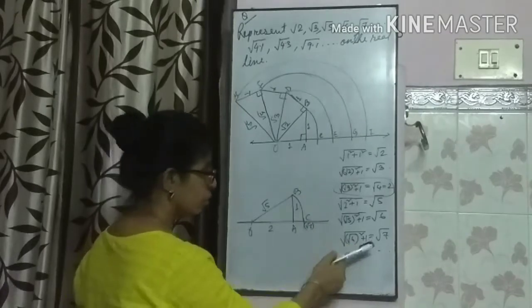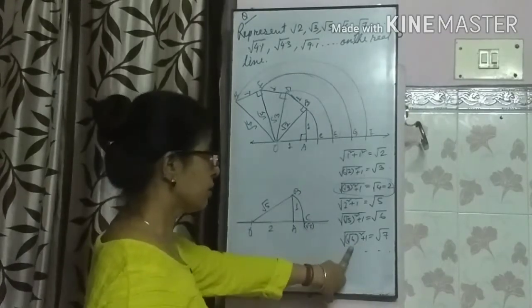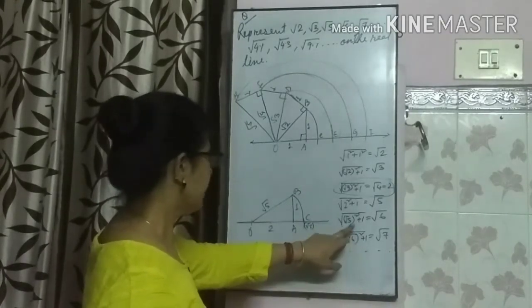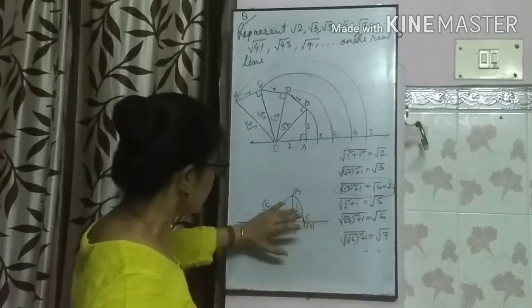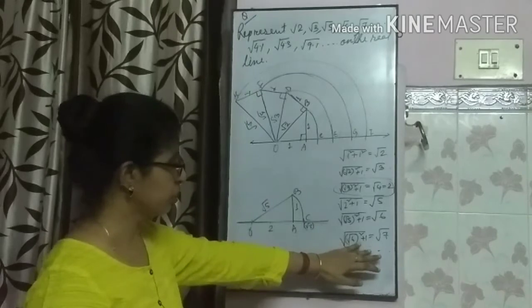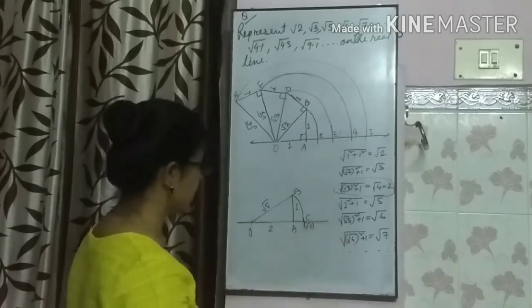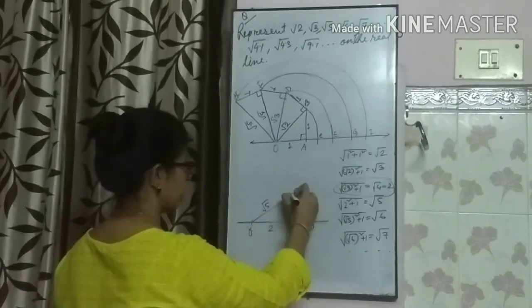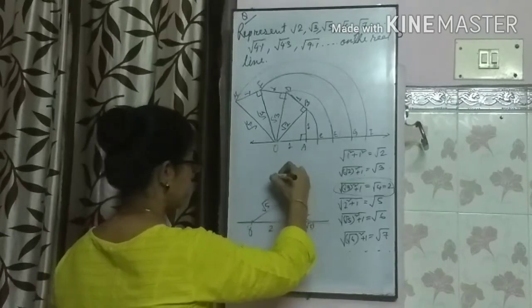Now for getting root 7, root 6 is required. So that means this root 5, root 6, root 7 will come together. Suppose you need to find root 7, so this 2 must have to be done. So here you will make a perpendicular.